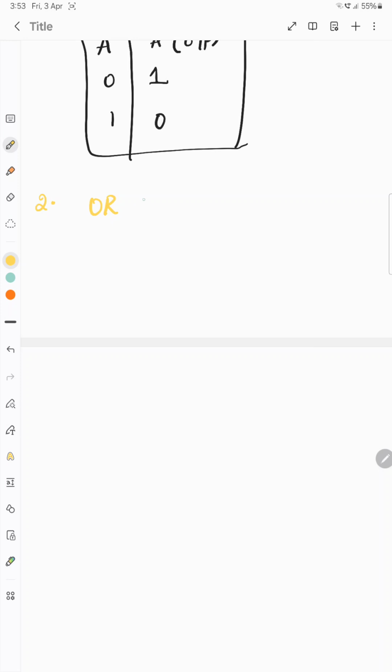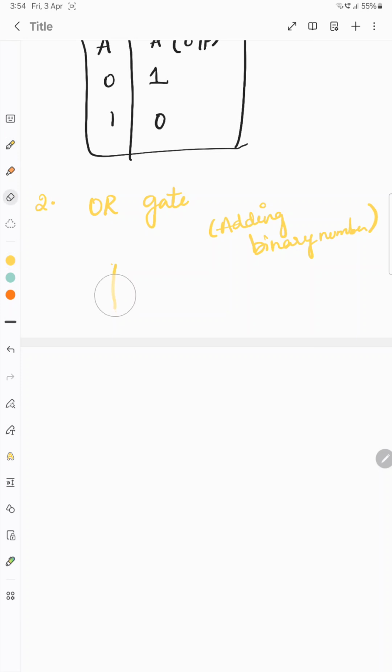The second gate that we are going to learn is the OR gate. ORing is nothing but adding binary numbers. Binary numbers are 0 and 1, and we have combinations 0 0, 0 1, 1 0, 1 1, everything. The OR gate is drawn like this.